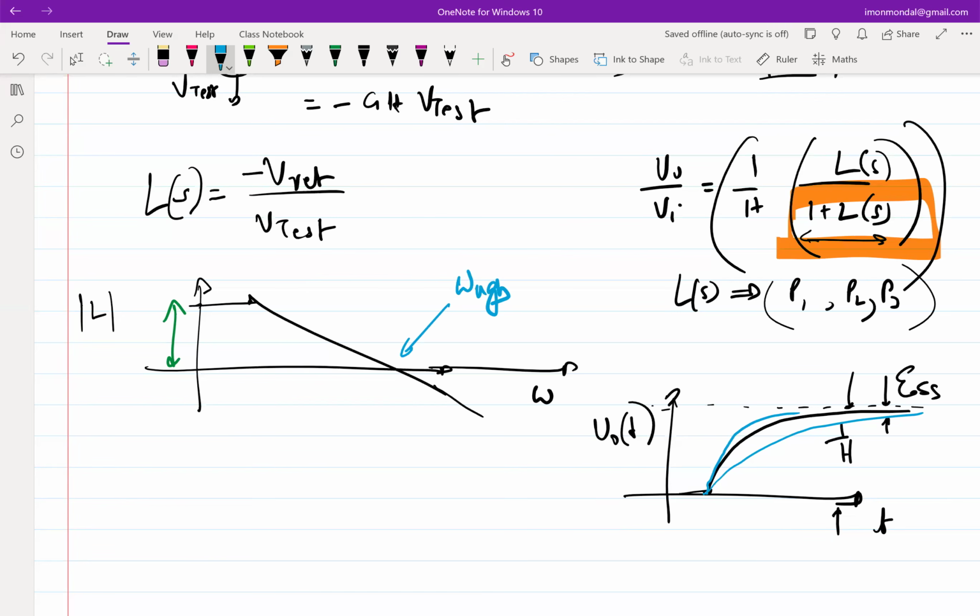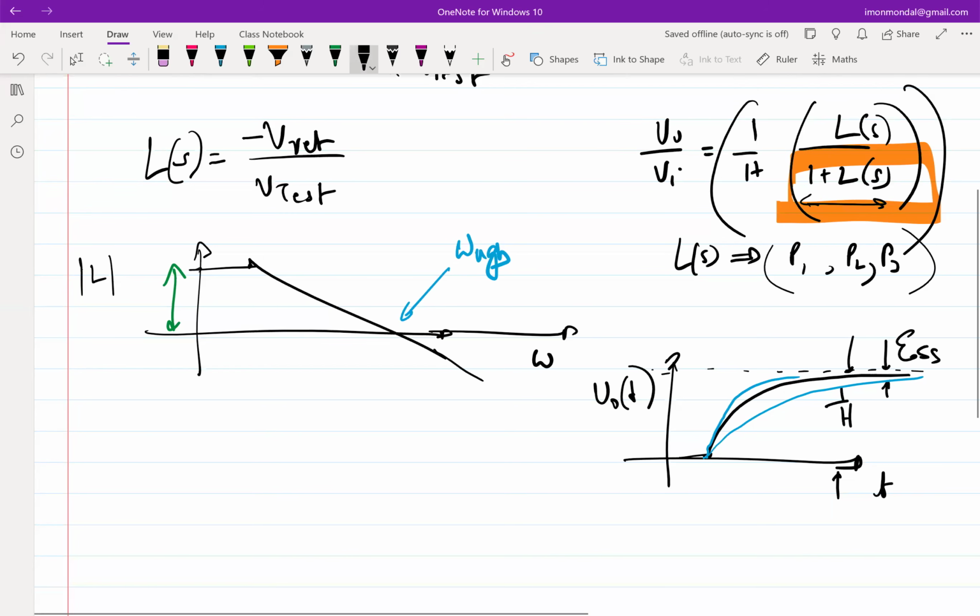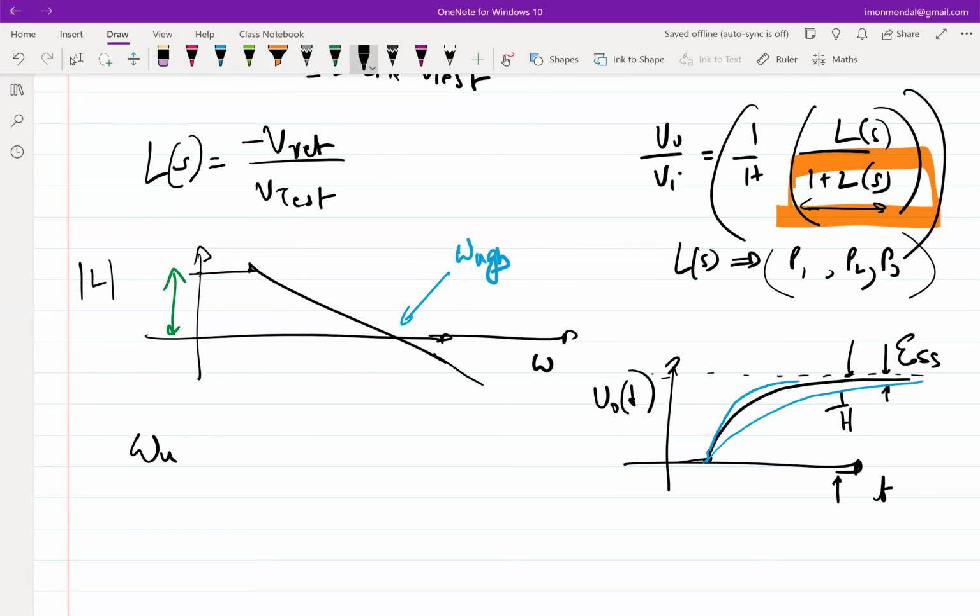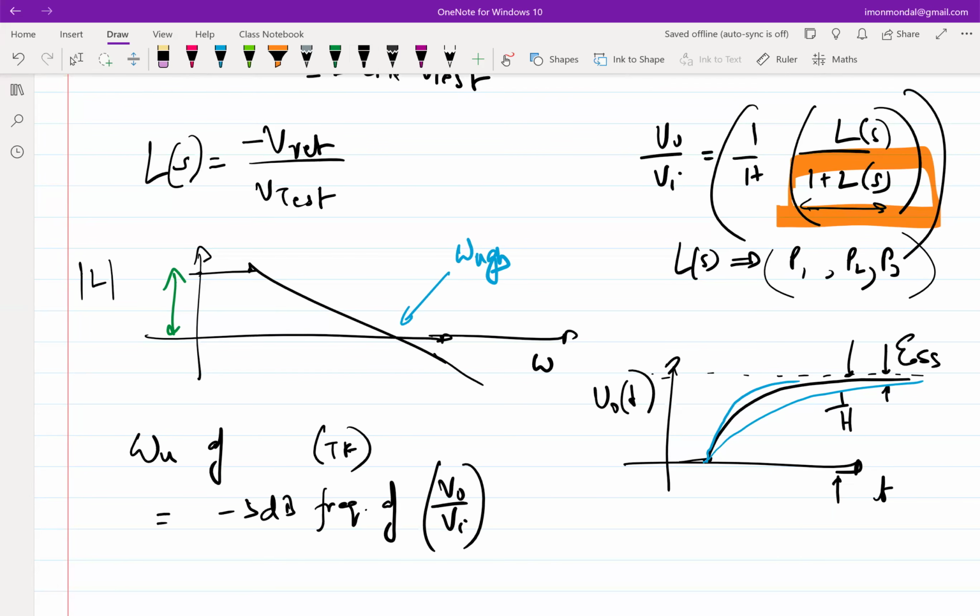Because ultimately the omega UGB of the open loop transfer function L of S translates to the minus 3 dB frequency of closed loop V0 over Vi.